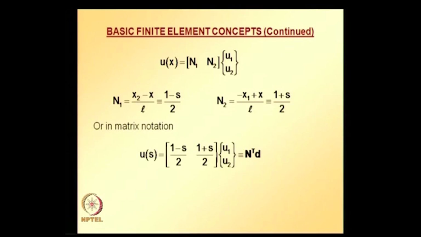So, in a matrix notation, substituting N1 and N2 values, we can write in this manner, and in a compact notation, this vector (1 minus s) over 2, (1 plus s) over 2 is denoted using N transpose, that is N transpose comprises of N1 and N2, and d vector is nothing but all the nodal values u1, u2.